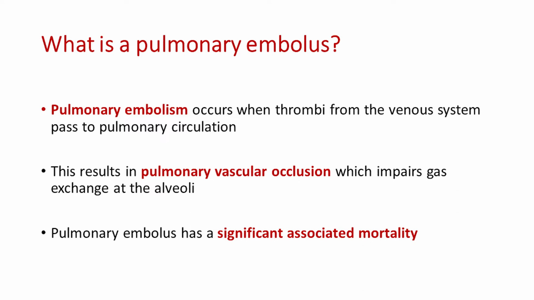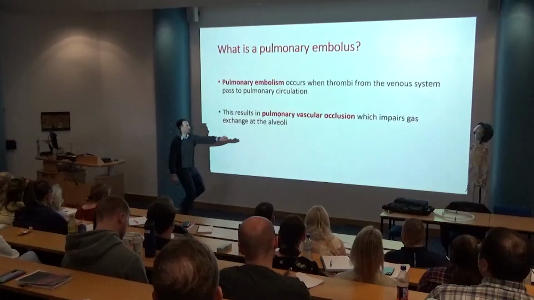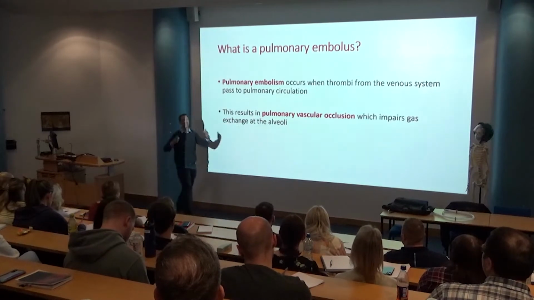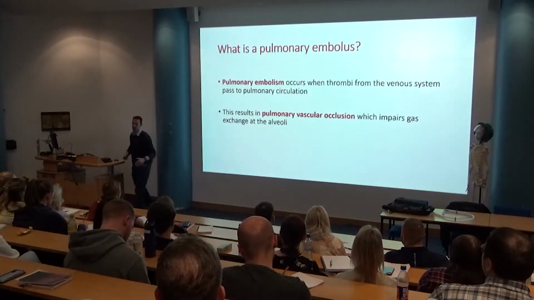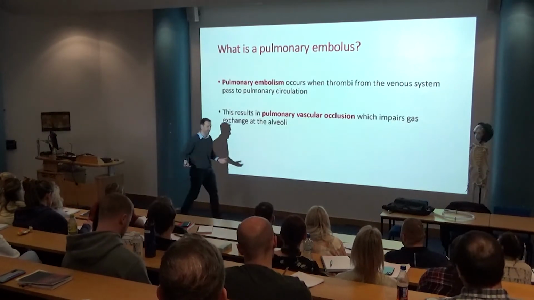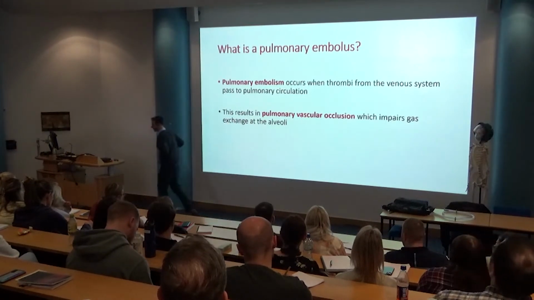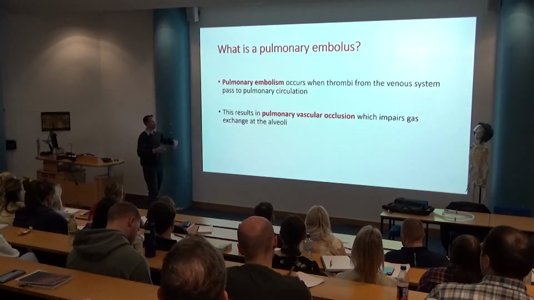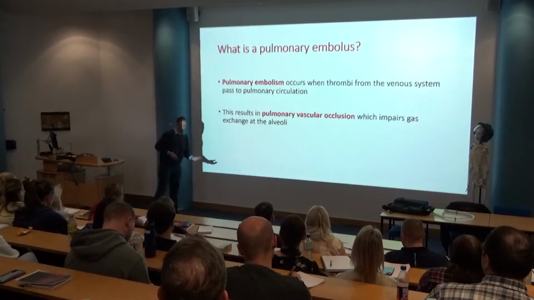You remember the little green embolus that Colin put in today while he was explaining? That is essentially it. You've got an embolus of some sort that travels across from your veins into your pulmonary circulation and stops the blood supply. And then obviously that will impair the gas exchange.